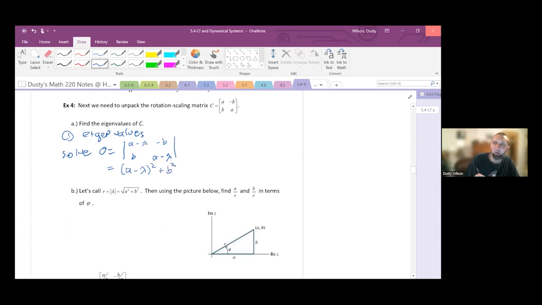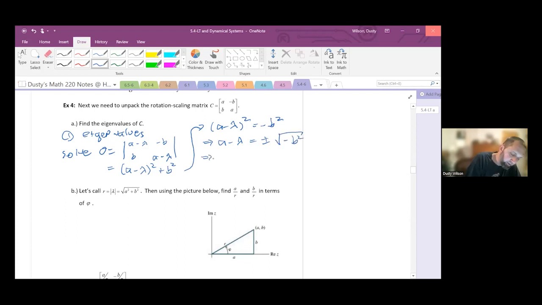And you could actually solve this for lambda by noticing that we've already got a completed square. So you'd notice that A minus lambda quantity squared is equal to negative B squared, which would tell you that A minus lambda is equal to plus or minus the square root of negative B squared.